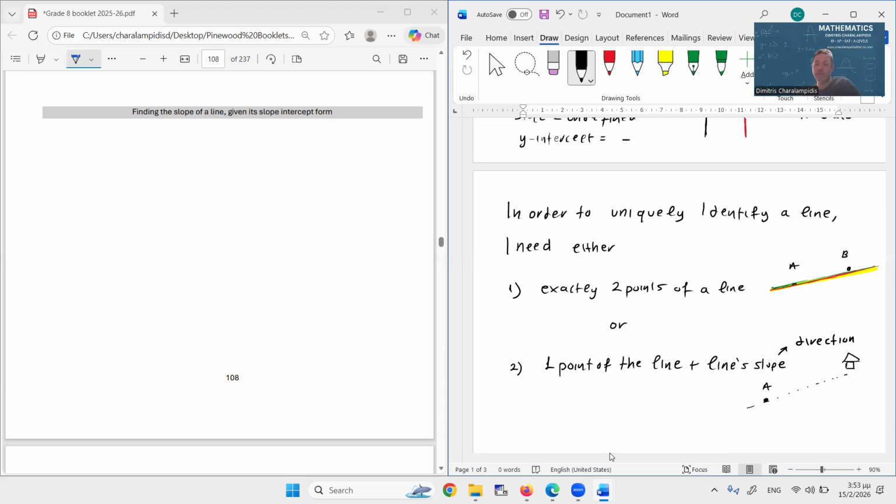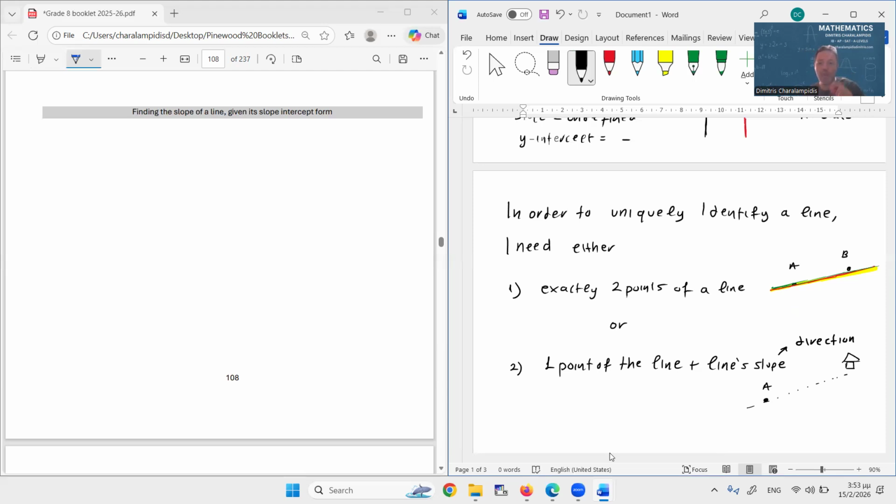Now, this means that every single time you are asked to find the equation of a line, whether that is in any form, slope intercept, general, standard, point slope, you should start from this very own concept. I just need 2 points of the line or 1 point with the line slope.